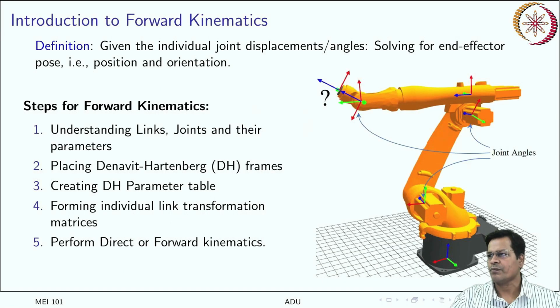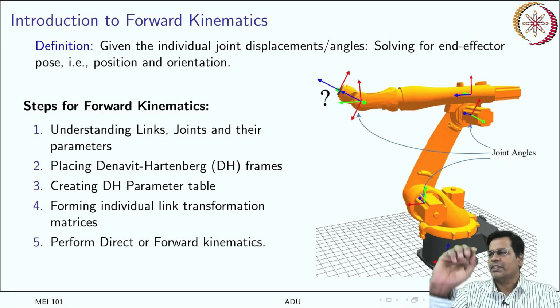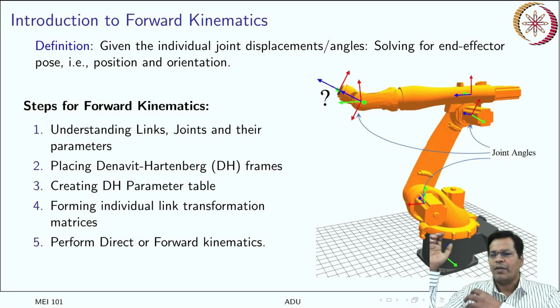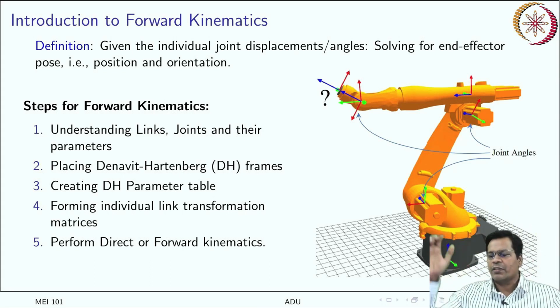So what exactly is forward kinematics? Forward kinematics is something like you are given a robot and you know its joint angles. You have a link, you have a joint, you have a link, you have a joint, and that serial chain finally terminates at a place.